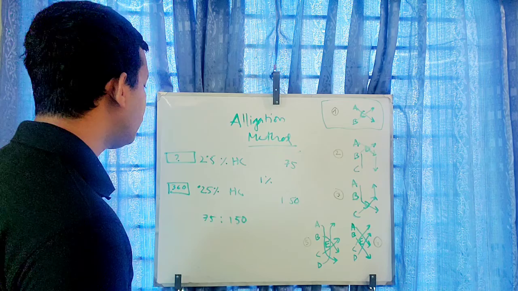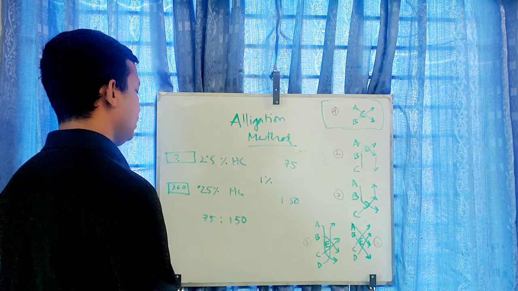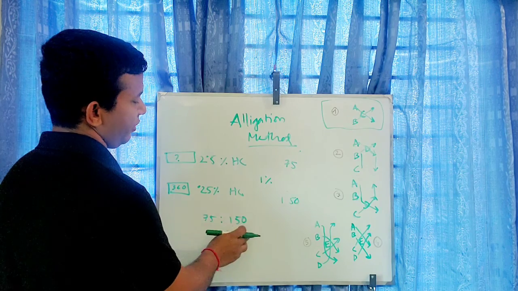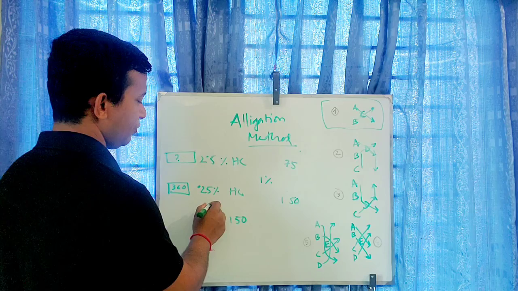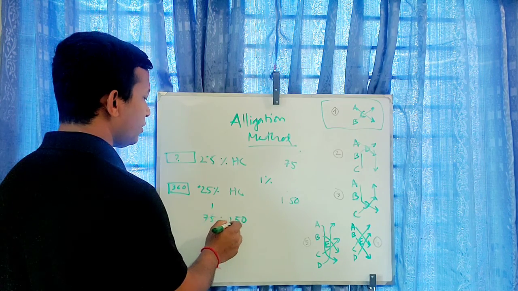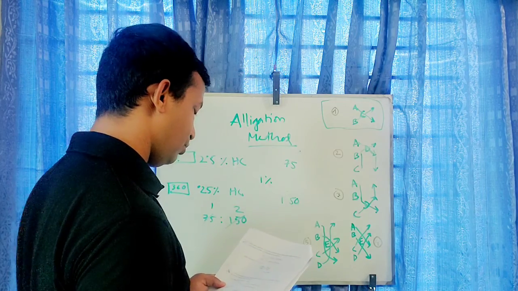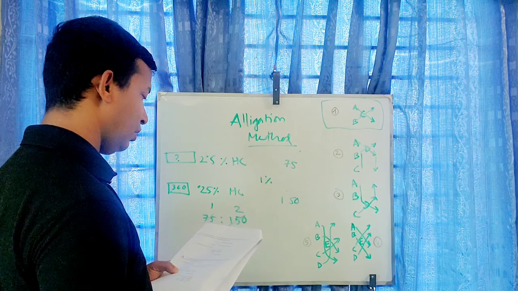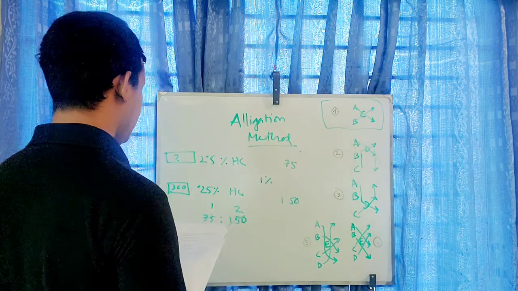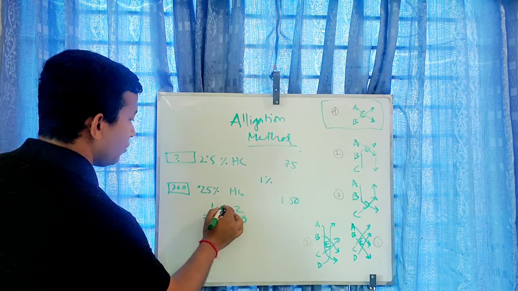Now we can simplify it. 75 divided by 75 equals 1, and 150 divided by 75 is 2. So 1 is to 2. So the ratio finally we got is 1 is to 2.